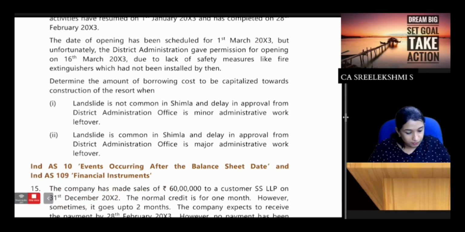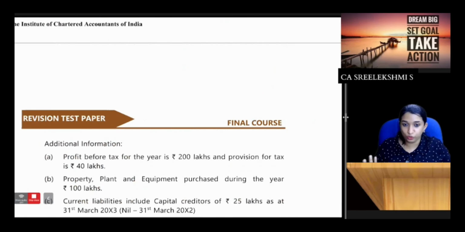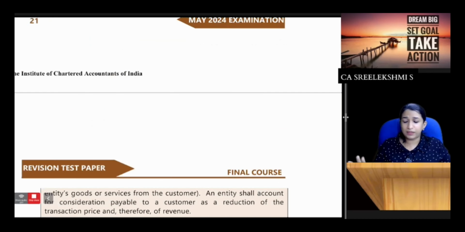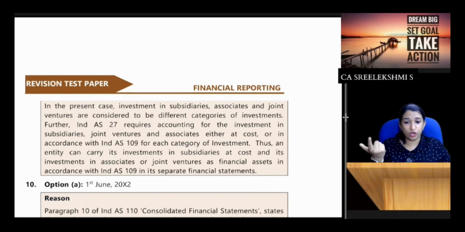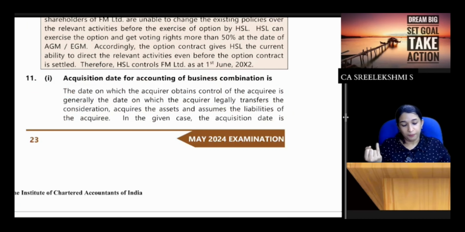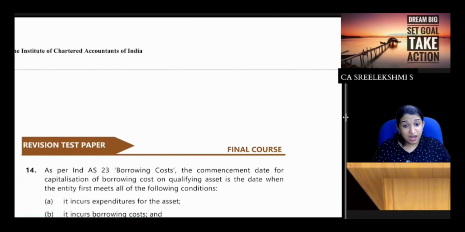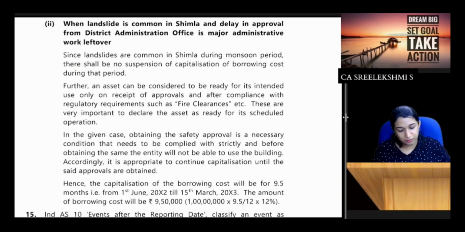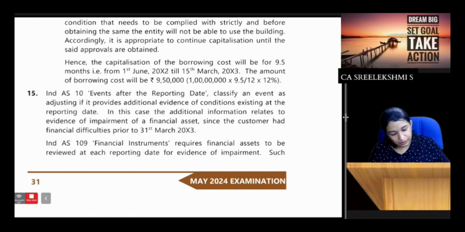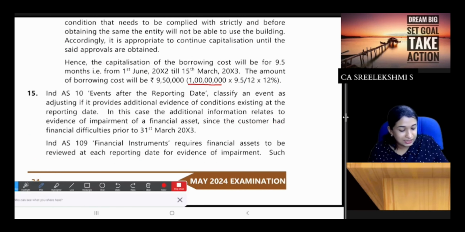So 100 lakhs into how many months? June, July, August, September, October, November, December, January, February, March 15. So 9.5 months interest. So capitalization of the borrowing cost will be for 9.5 months.